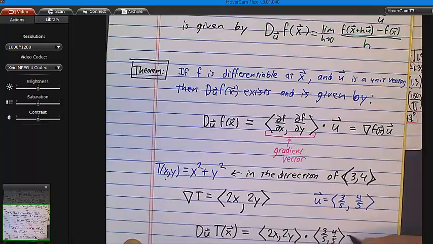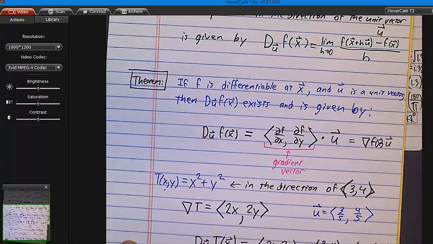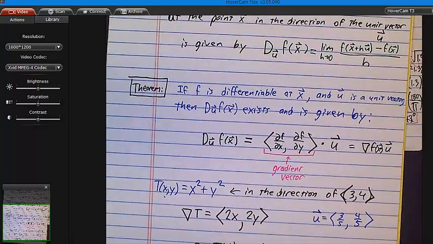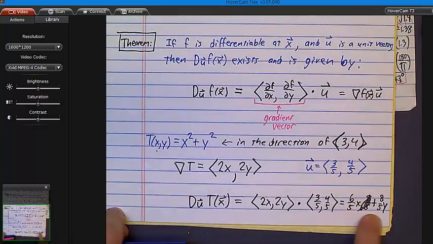So what's that give me? 6/5 x, plus 8/5 y, thank you. And so you could then compute anything you want. You'd have the directional derivatives given by this formula.